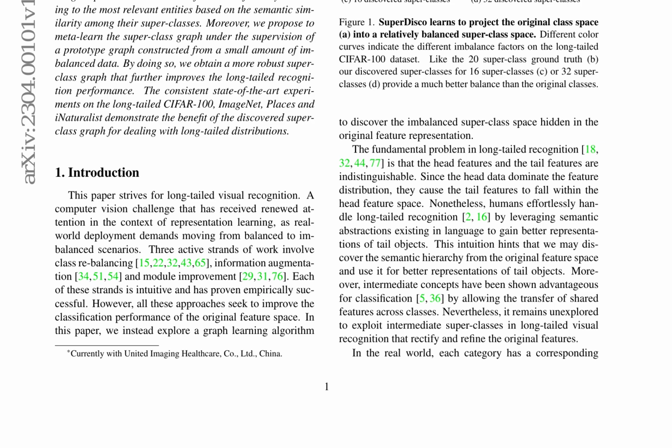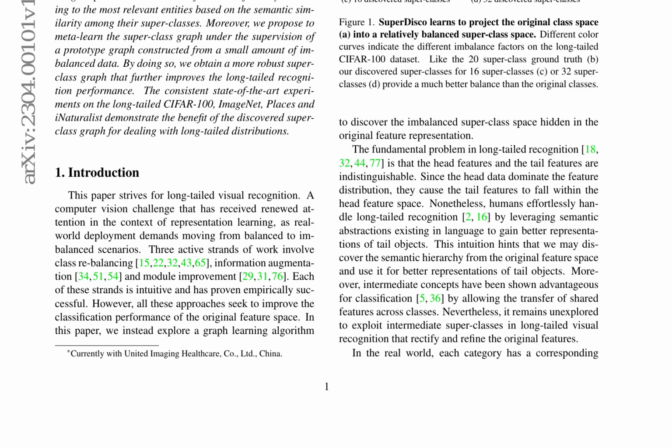The experimental results on long-tailed CIFAR 100, ImageNet, Places, and iNaturalist datasets demonstrate the benefit of the discovered superclass graph for dealing with long-tailed distributions. The results show that SuperDisco consistently outperforms state-of-the-art methods in these datasets.